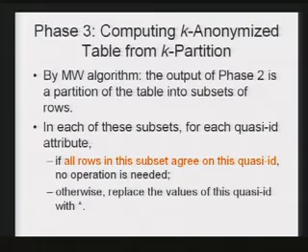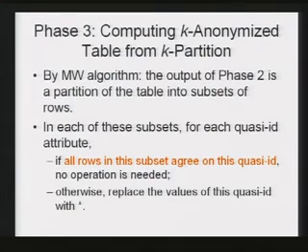So in the MW algorithm, taking the output of phase 2, which is a k-partition, all we need to do is the following. If all rows in a subset agree on a quasi-id, no operation is needed. Otherwise, replace the values of this quasi-id with star. That's it. So this is a very, very simple operation.